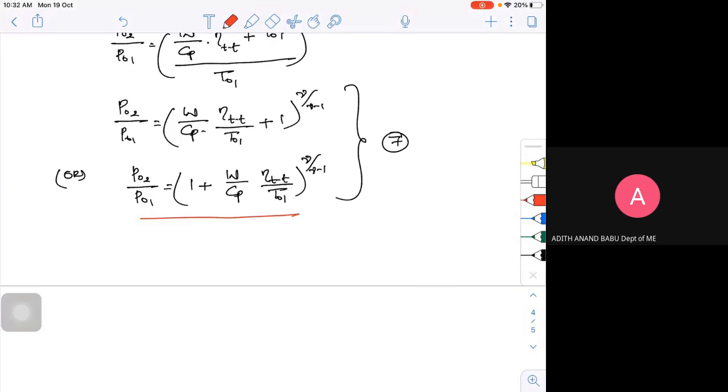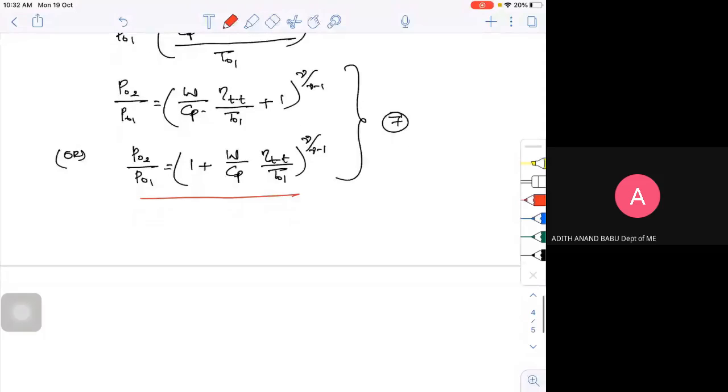From the Euler equation, for a compressor, W is equal to VW2 into U2 minus VW1 into U1.